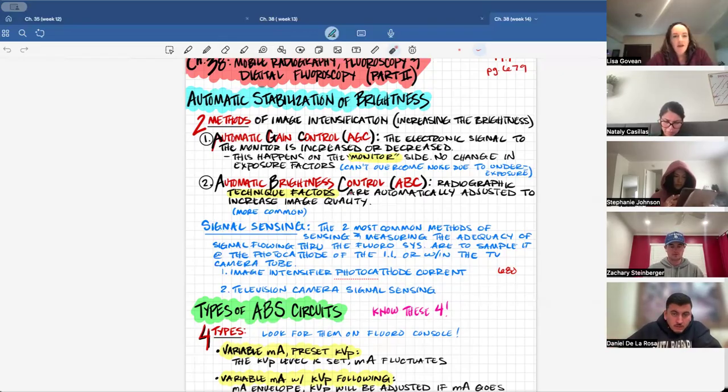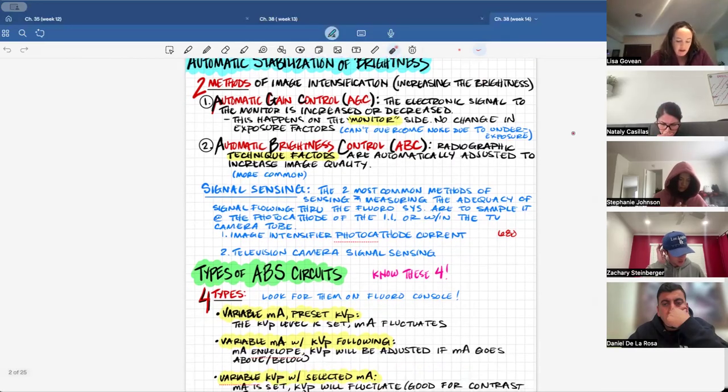I think it's confusing because the heading in the book and the slide both say automatic stabilization of brightness, but that is ABS. So it's just written in a confusing manner. I will put that note in there also. Please tell me if you see typos, because I heavily rely on these notes.